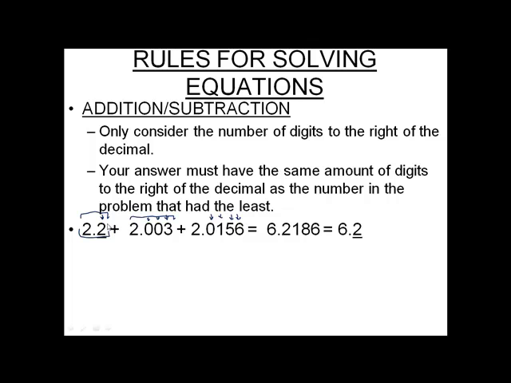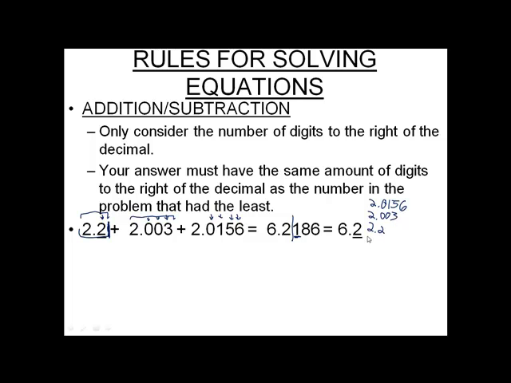So basically what we're going to do is chop off anything at that point. So right here, we're going to get rid of this stuff, and we're going to round this to be 6.2. A way that I think about that, you guys can look at it. Let's say we had 2.0156. Stack them up and do the math like you used to do in grade school.